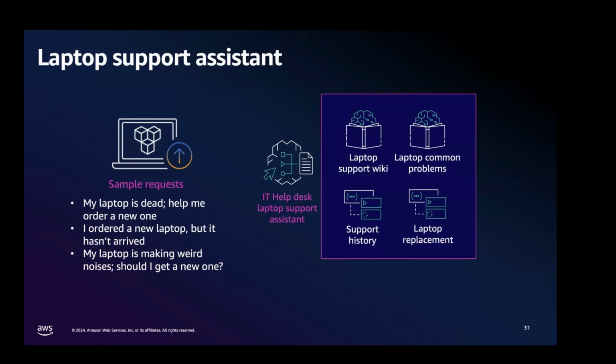So when somebody comes in and says, my laptop is dead, can I get a new one? It's able to go in, look up the support wiki, and see that the policy says, if you've had more than 5 service interrupting issues in the last 6 months, you qualify for a replacement laptop regardless of the issue. Now it knows it needs to make a history request to support to see how many downtime issues the user had. And if it qualifies for the replacement, it can actually place that replacement order.